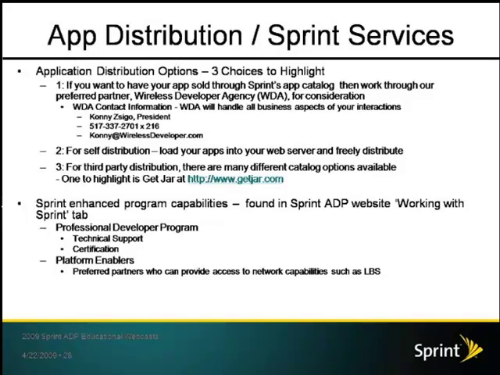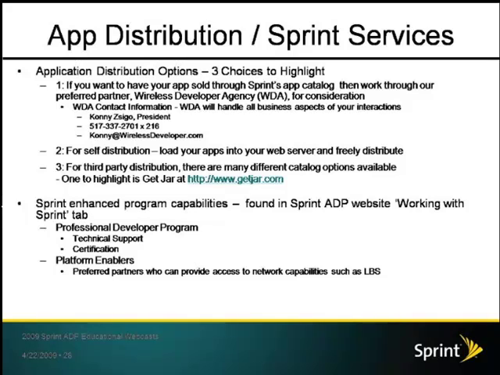The first option is, if you want to submit your app into Sprint and have it distributed through our content catalog, what we call our vending machine, and enable billing on your behalf, there is a preferred partner that we direct our requests to. They are called WDA, or Wireless Developer Agency, and we have provided their contact information here.